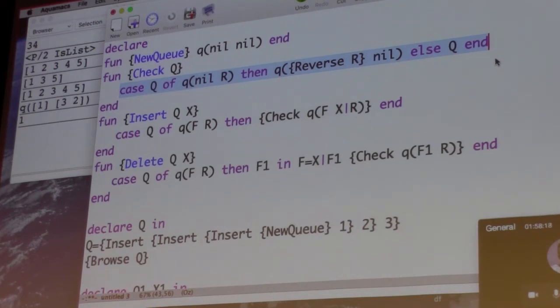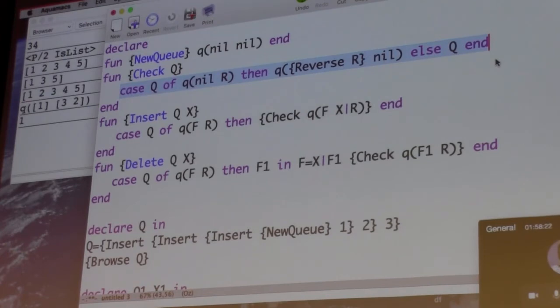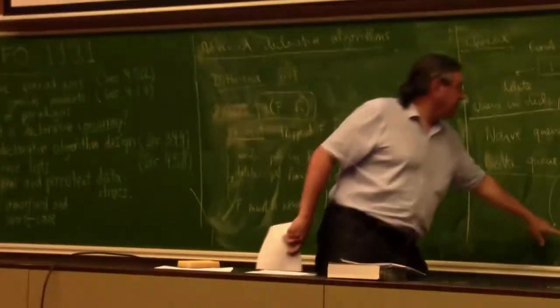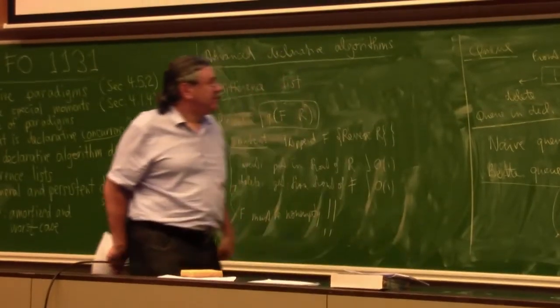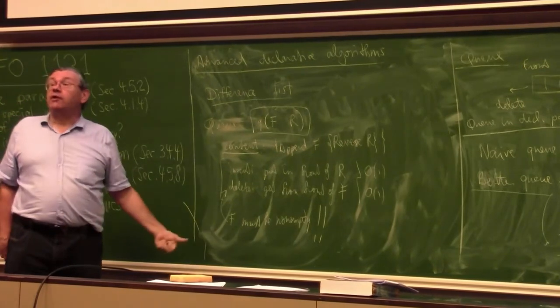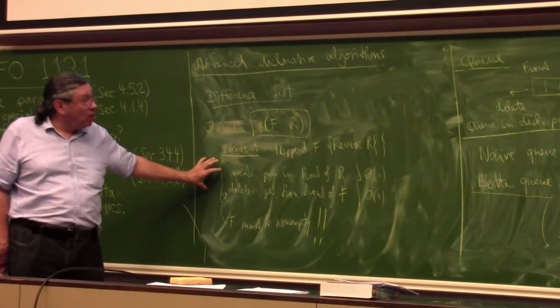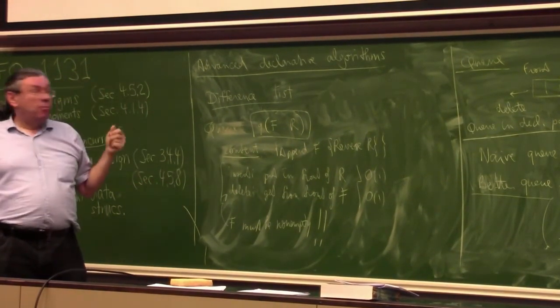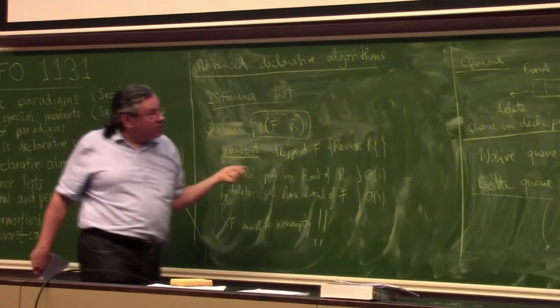Okay. So now let me show you an even better one. A worst case constant time Q. So this one is amortized, but it's strict functional, which means that I have no data flow variables here. But if I add data flow variables, I can do even better.